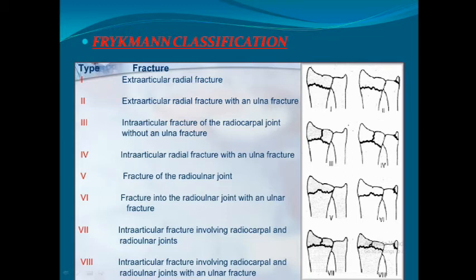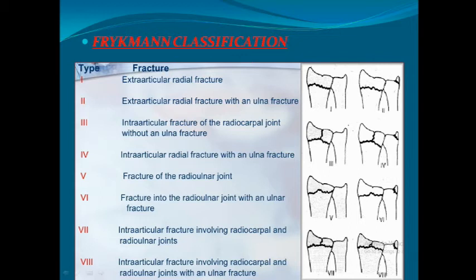Type 3, you have intra-articular fracture without ulna fracture. Here the fracture has extended to the articular surface, so intra-articular fracture. In type 4, intra-articular fracture with ulnar fracture. Just divide this into two columns: 1, 3, 5 and 7; 2, 4, 6 and 8. All the even types will have ulna fracture in addition to this.